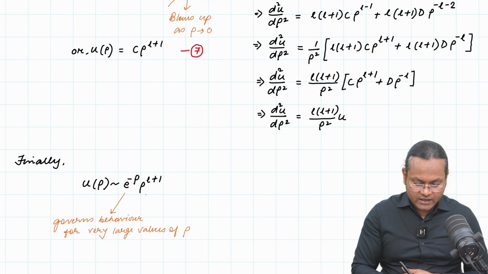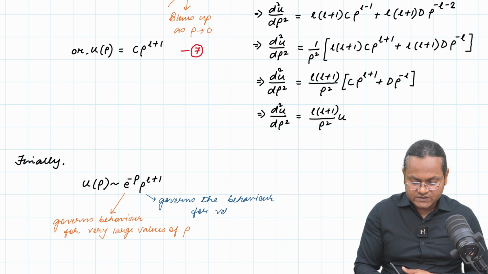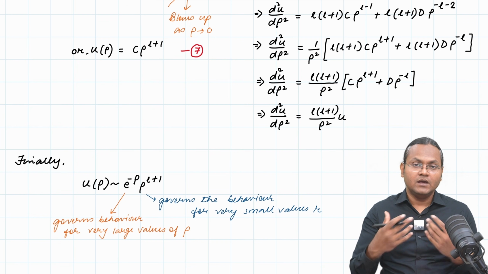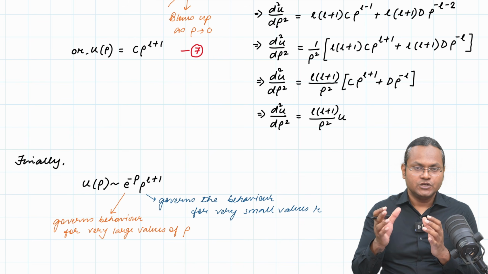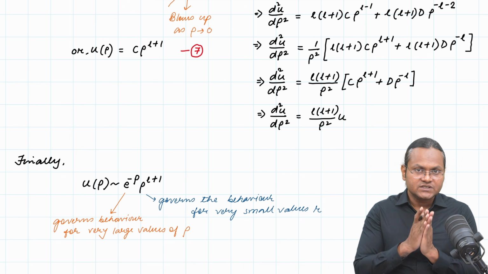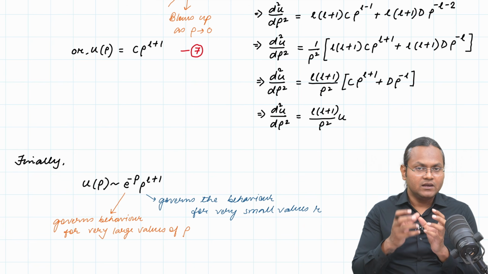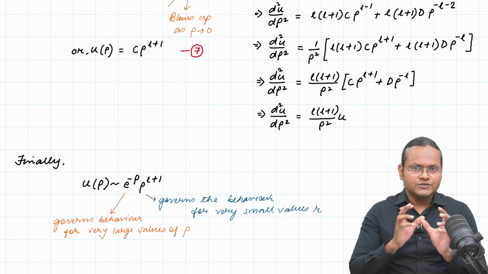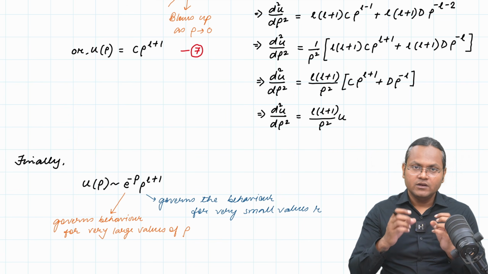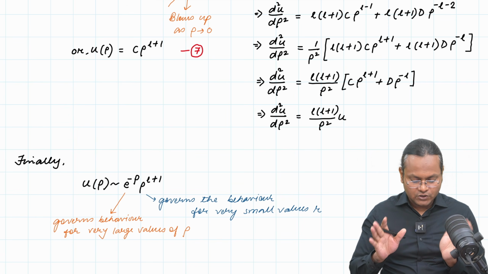And this governs the behavior for very small values of rho. And by small values, I mean r. So essentially, it is giving us an idea about the behavior of the radial wave function solution at extremely small distances and the behavior of the radial wave function solution at extremely large distances. So the overall solution needs to incorporate these two behaviors. Perfectly fine, not an issue.